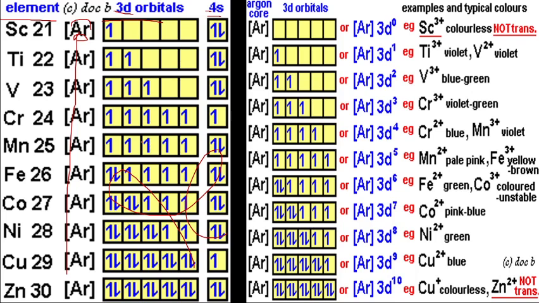Something changed entirely. Look at chromium. I want you to look at chromium, this element here. Look at the electronic configuration. Don't you think that this one here is supposed to be fully filled and this one should be empty?